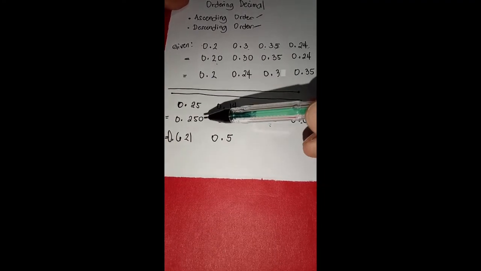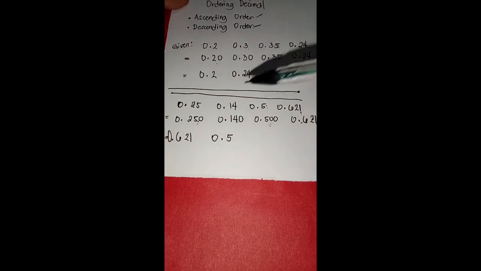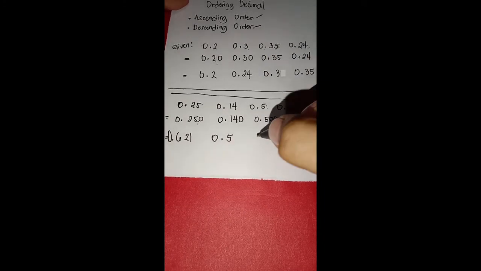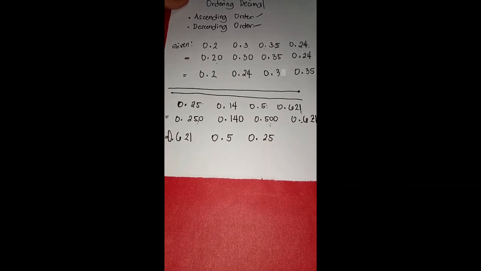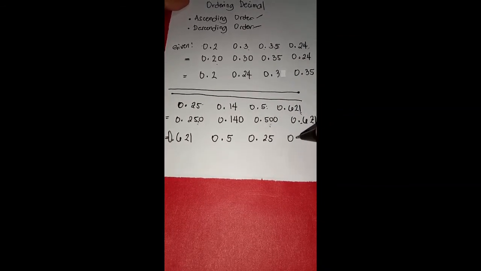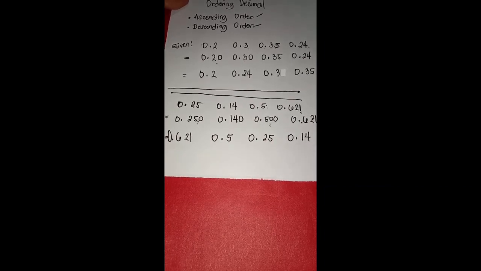Then, followed by, ito yung mas malaki, so ito yung ating isusulat. And the last one is, ito yung pinakamaliit. So, therefore, na-arrange natin yung decimal numbers into descending order. So, yon, ordering decimals.